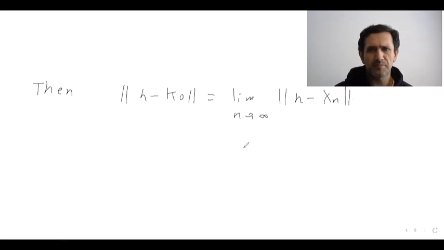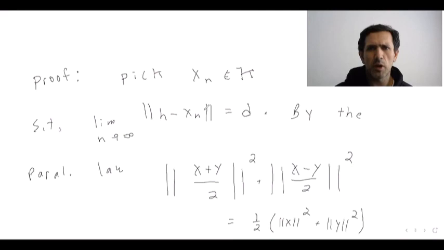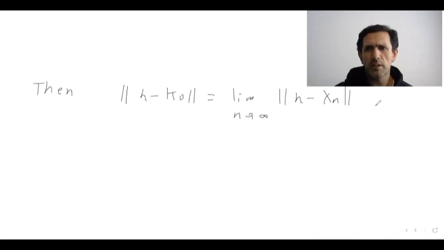Kind of trivial. And remember, the starting point was how we even picked Xn is that this converges to D. Okay. So the existence of K0 is proven. So now we just have to prove uniqueness.